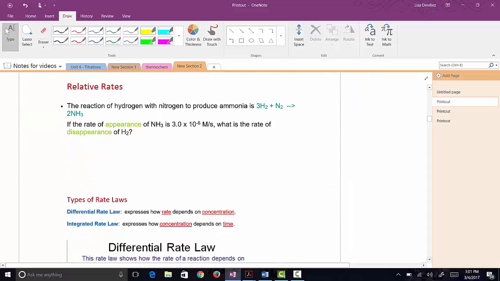Now, the one place that we will use our balanced equation is if we're looking at relative rates. This would be where I have used experimental data to find the rate of change of one of my reactants or products.